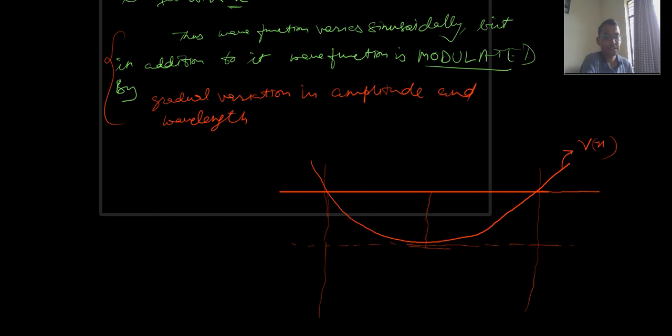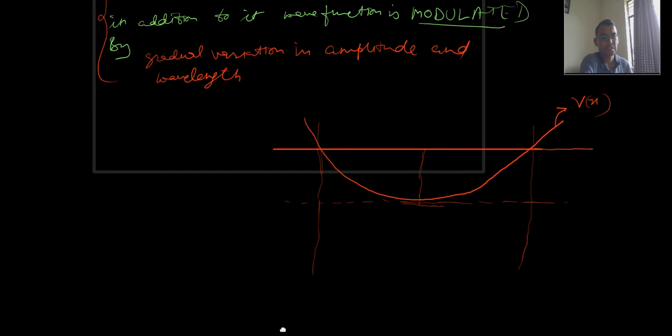It's like this, it is x, and say it is the potential, a function of x, and it is the energy, a constant. Now there are two regions.